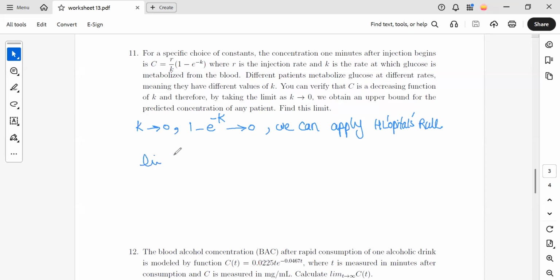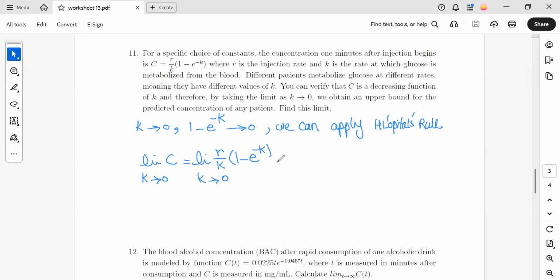Limit of c, which is limit of r over k times, let me correct this one. Limit of c when k is approaching 0 is limit of r over k times 1 minus e to the negative k when k is approaching 0.